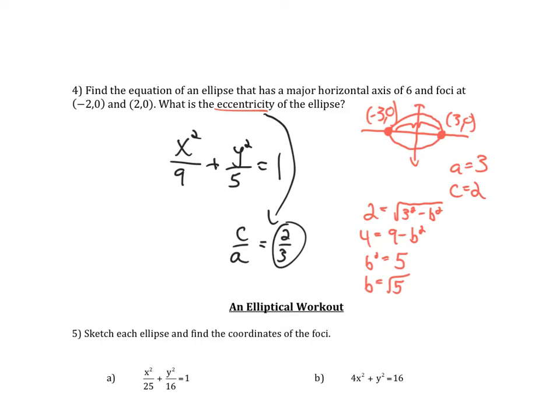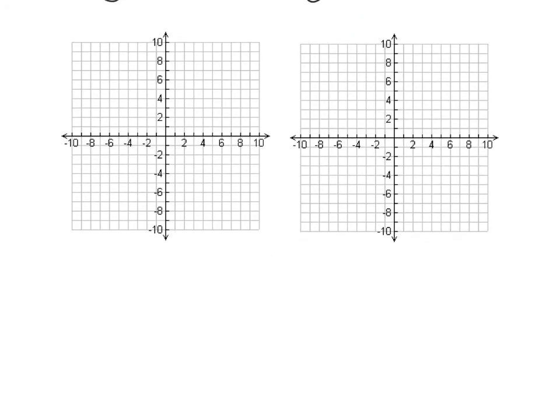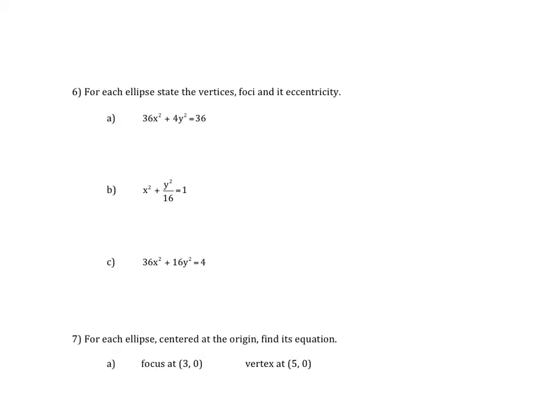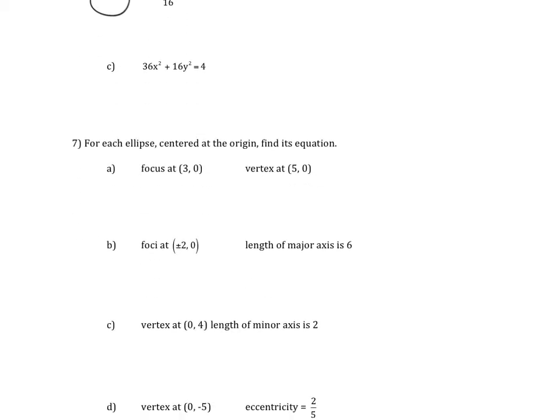All right, so for homework, let's do A and B. Sketch each ellipse, find the coordinates of the foci, state... I'm just looking through what these problems are. Let's do 6B, and let's do 7A and C. Okay.